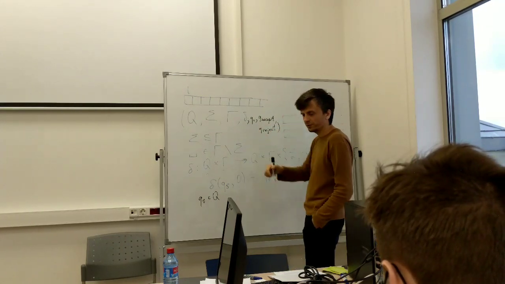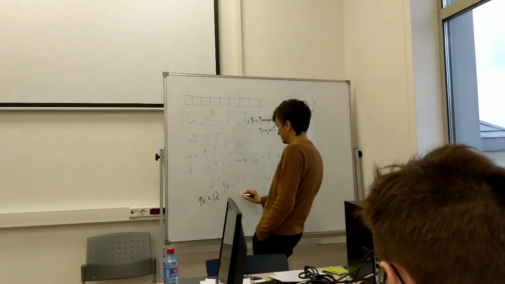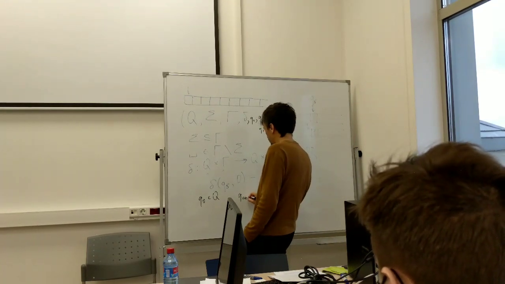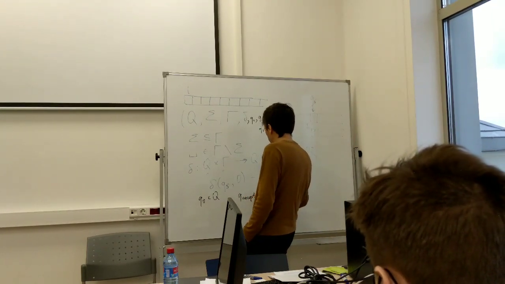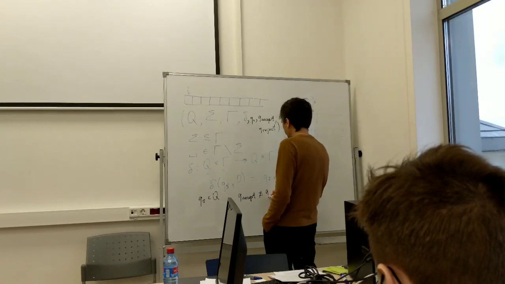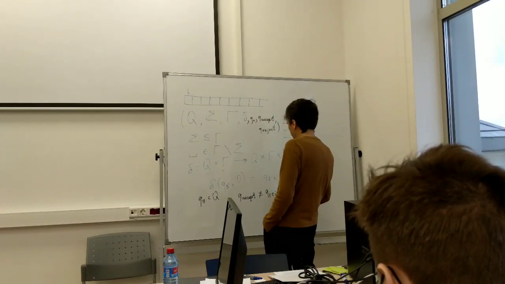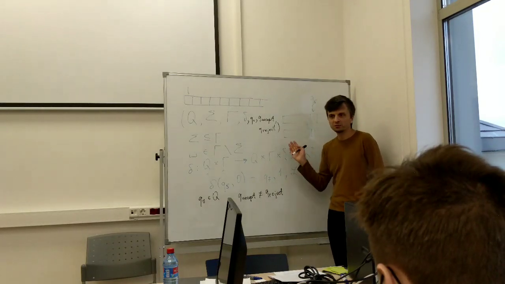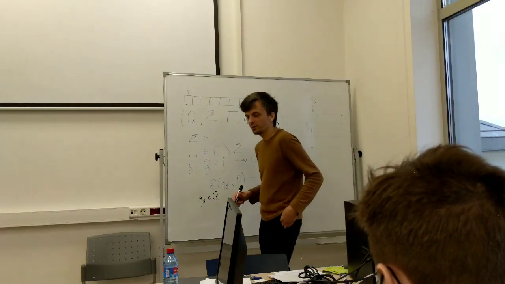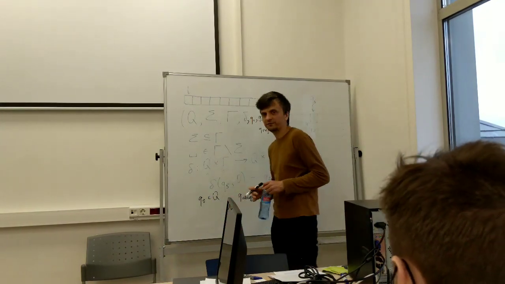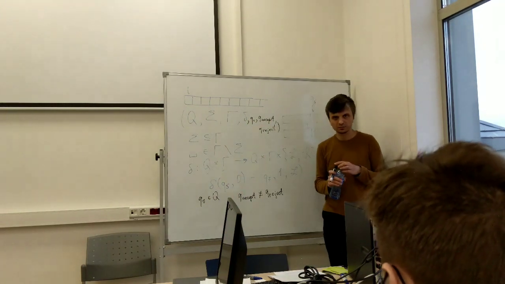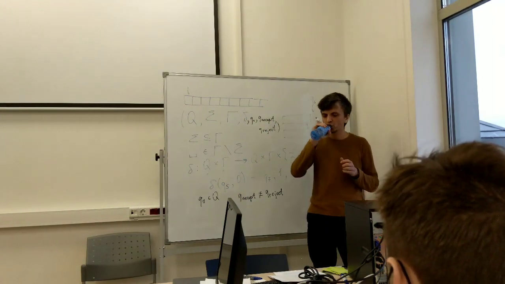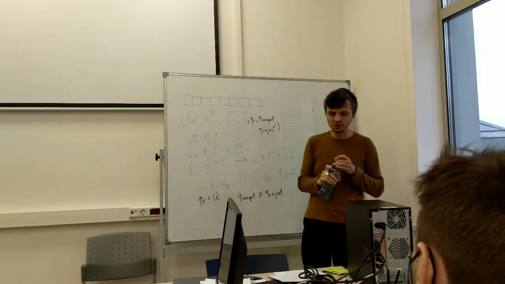They also come from Q, and they are different. So Q accept is not equal to Q reject. One of them may be equal to Q0, or maybe none of them is equal to Q0. So a Turing machine always has at least two states. But usually more.